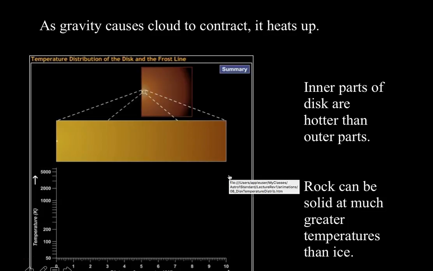Now, the other thing that happens is as gravity causes this cloud to collapse, it heats things up. Remember the analogy with pumping up an automobile tire. If you haven't done it before, pump one up and put your finger at the nipple and see just how warm it gets.